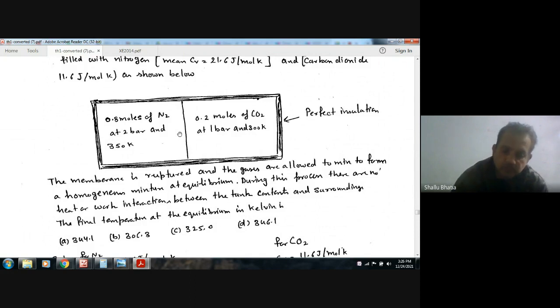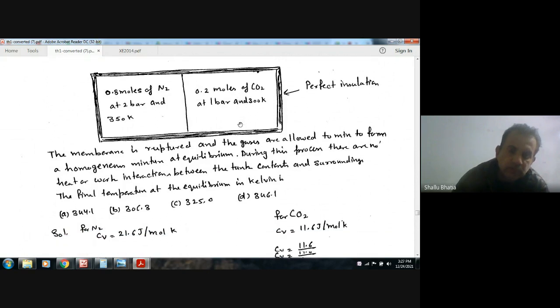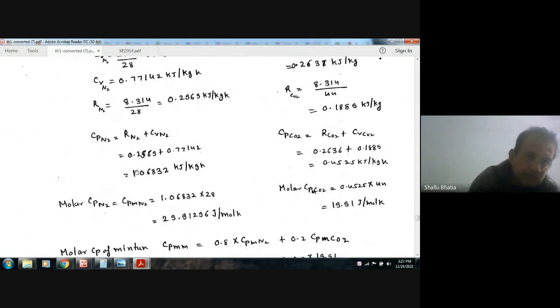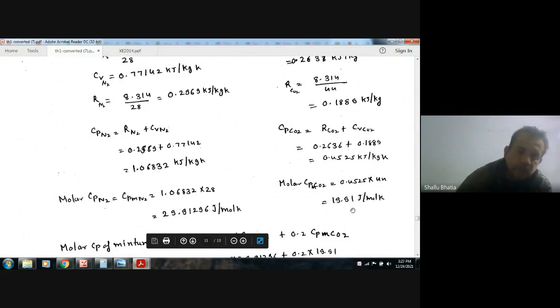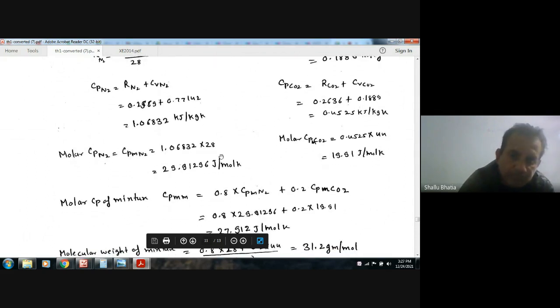To calculate the Cp of this mixture, we have to take the molar Cp of N2 and the molar Cp of CO2. We have these Cps in kilojoules per kilogram, so calculating Cp molar for N2, it will be multiplied by molecular weight, and again for CO2 Cp molar will be multiplied by molecular weight. So now this is your 0.8.